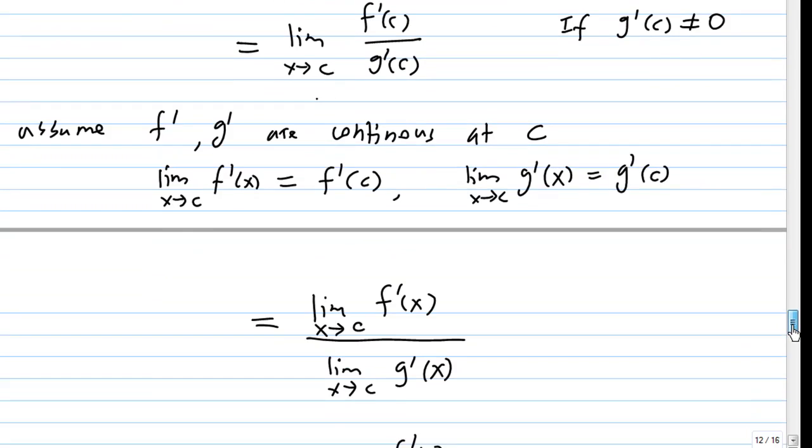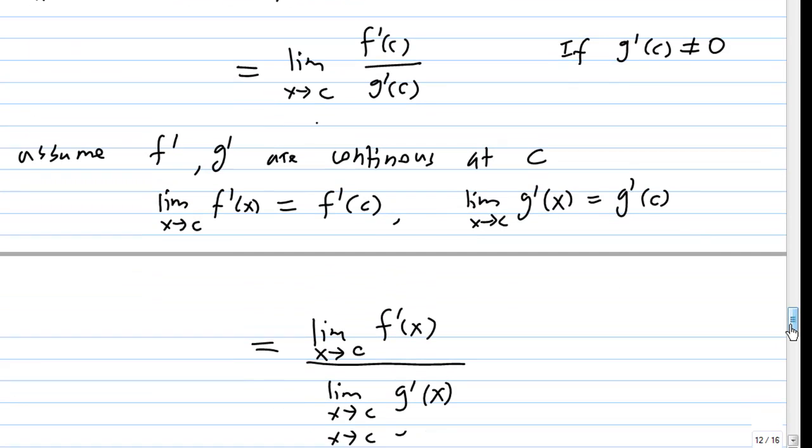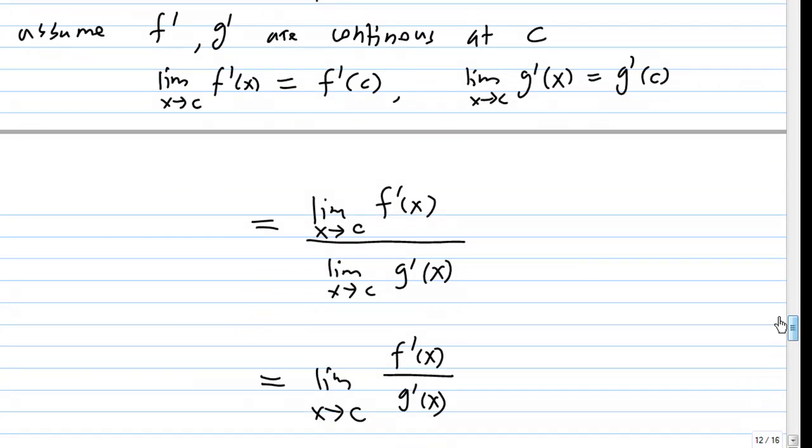Then you can rewrite the above limit as limit of f prime x over limit of g prime x. And then you apply the combination rule. This is limit of f prime over g prime where x approaching c, provided limit of x goes to c of g prime x is not equal to 0.